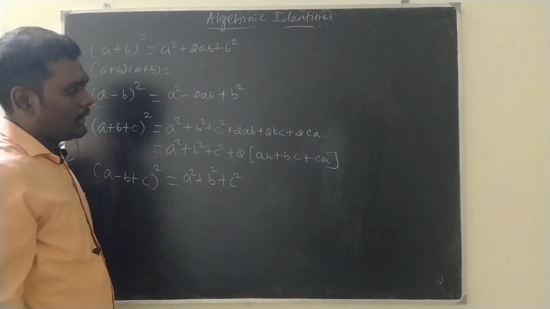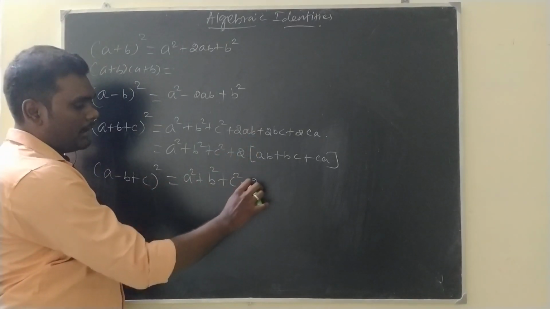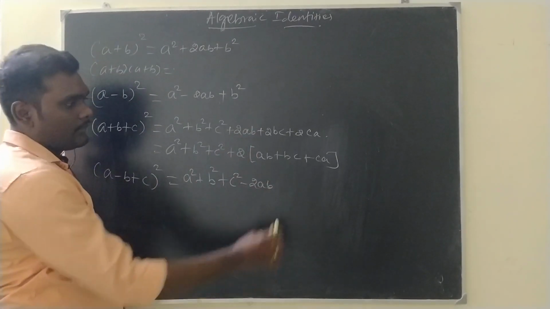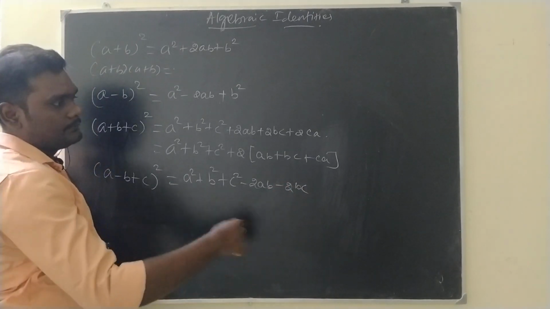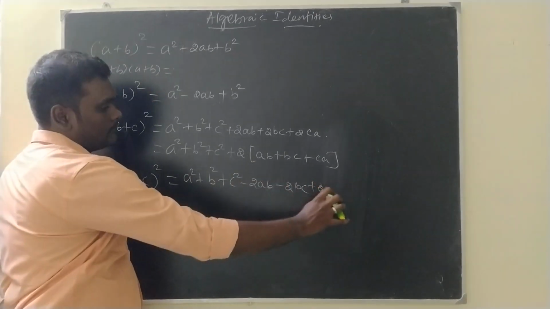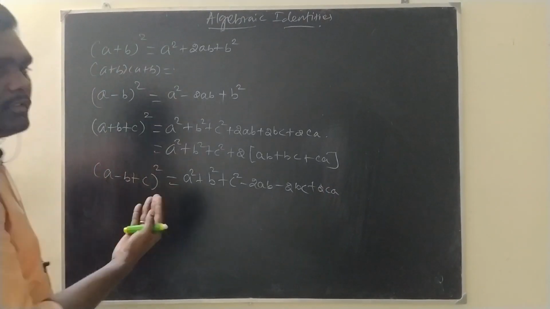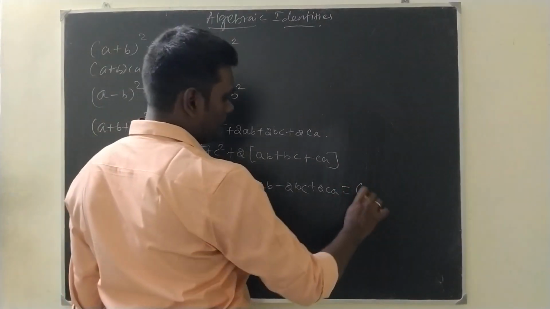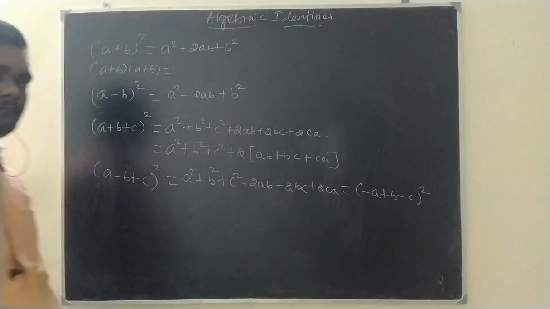Then c square, 2ab, b has odd power, so minus 2ab, minus 2bc, plus 2ca, and the same will be equal to minus a plus b minus c whole square as well.